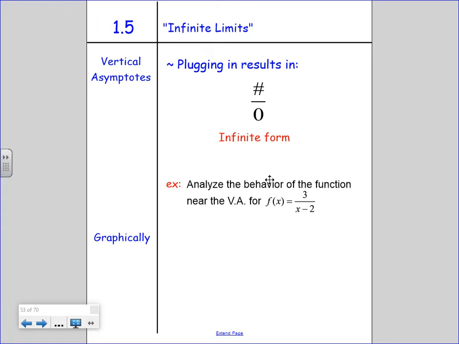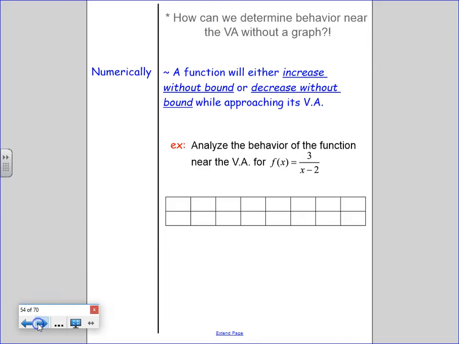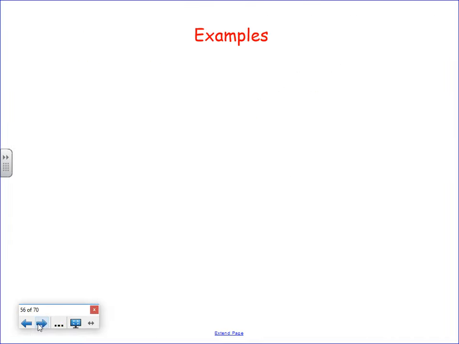That's all of 1.5. How do you deal with number over 0? All of 1.5, infinite limits, number over 0. We're going to do it graphically, numerically, algebraically. Look, guys, look at the next 1, 2, 3, done.